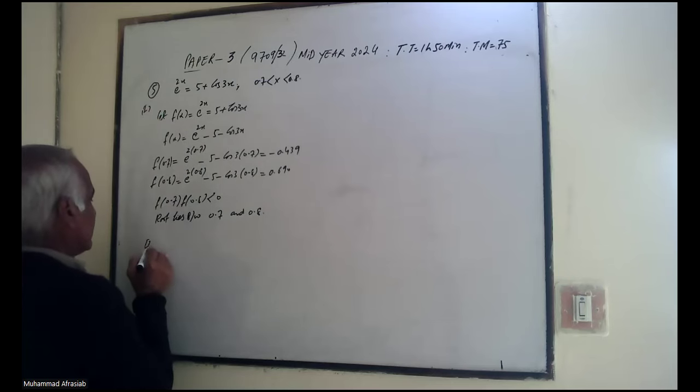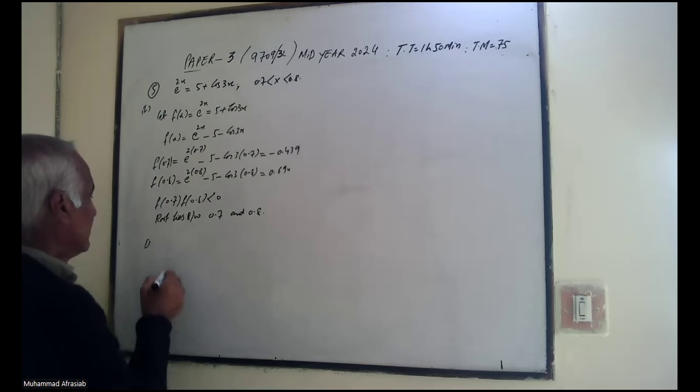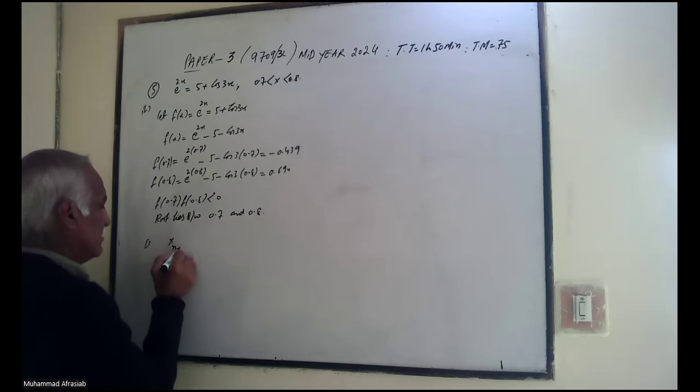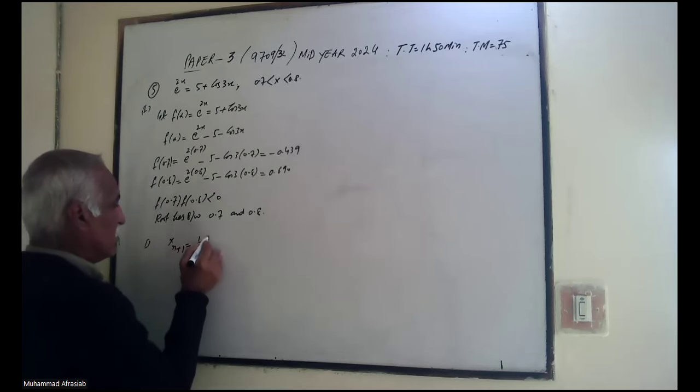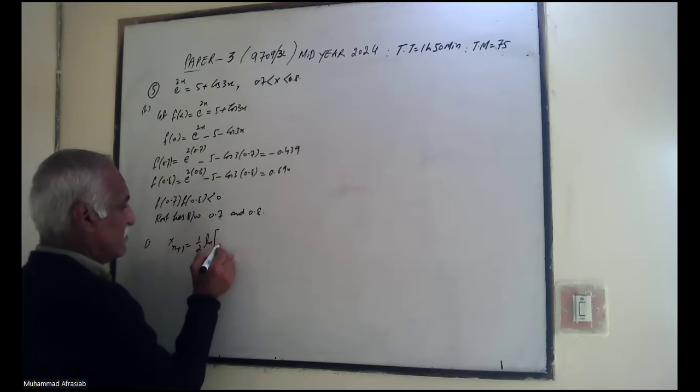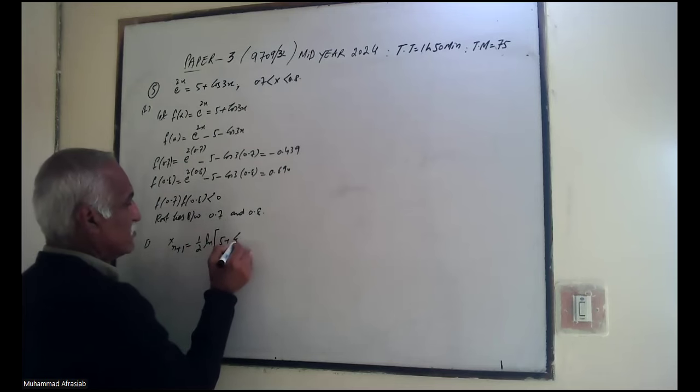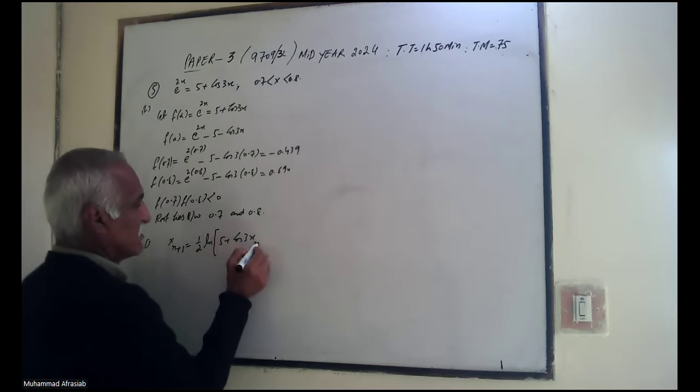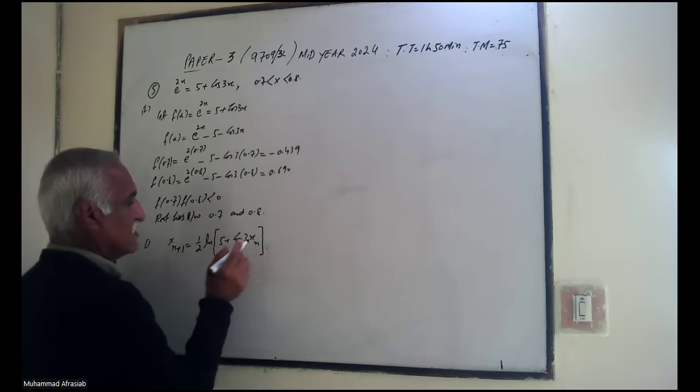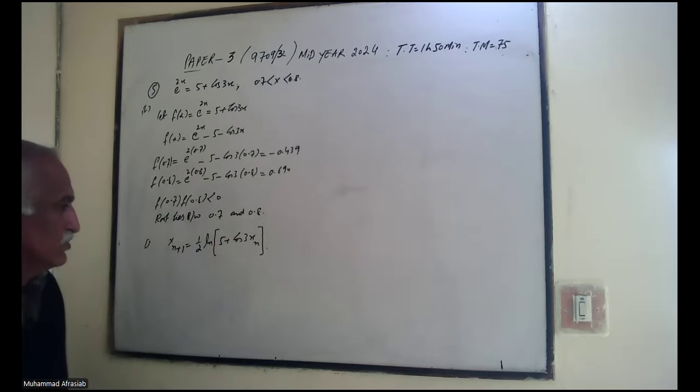The second part of this question is to show that x n plus 1 is equal to half ln of 5 plus cos of 3 x n. This iterative formula they have already shown to you. Now you have to prove that it is going to be convergent to formula number 1, e power 2x is equal to 5 plus cos of 3x.